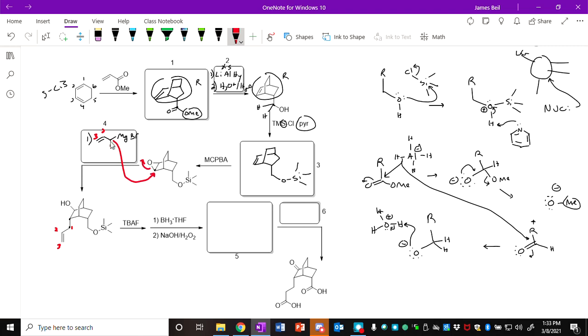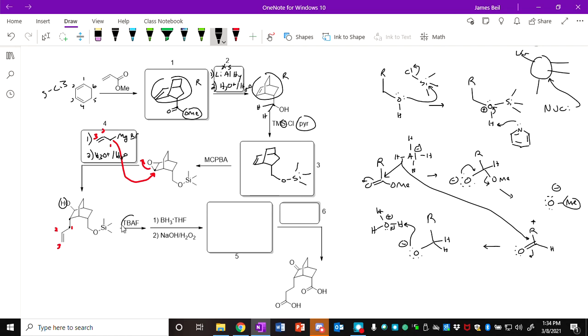And a negative on a carbon, even a large partial negative, is less stable than a negative on an oxygen. So that will readily attack, alleviate that ring strain of the epoxide, and form the negative on the oxygen. But then if I want that to be an OH, I would need some H3O plus and water in a second step to provide that proton there. And I don't have to worry about that affecting this because it's protected.